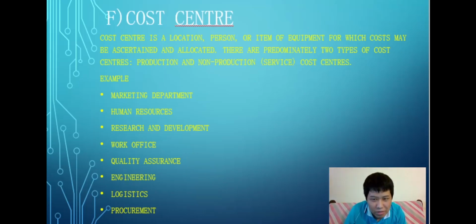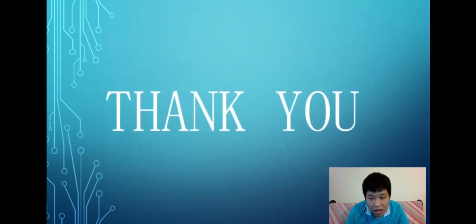There are predominantly two types of cost center: production and non-production cost centers. Examples of cost centers are marketing department, human resources, research and development, work office, quality assurance, engineering, logistics, and procurement. Okay, this is the end of my presentation, and now I want to pass the presentation to Zuhairi.